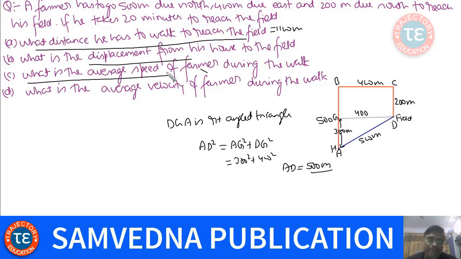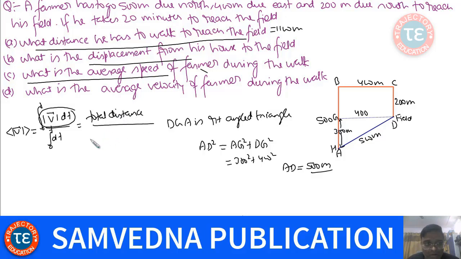What is the average speed? See, speed is the magnitude of velocity, and average speed is the integral of v dt upon integral dt from say 0 to T. This is distance, so the total distance traveled is in the numerator, and in the denominator is total time.